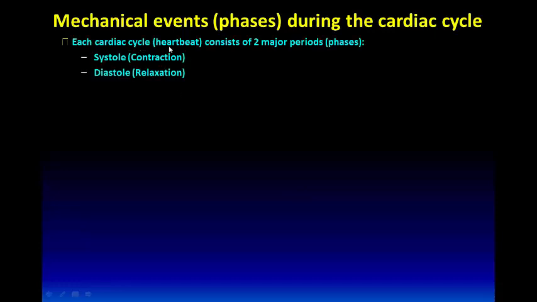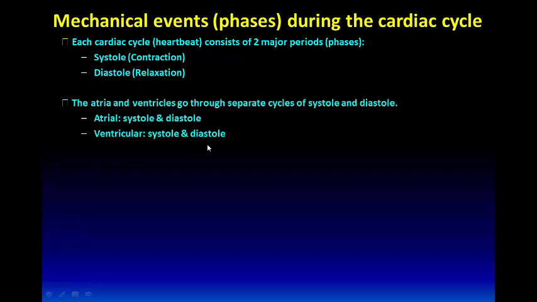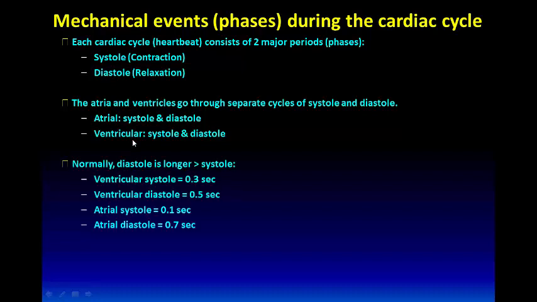Each cardiac cycle or heartbeat consists of 2 major periods or 2 major phases, systole and diastole. The atria and the ventricles go through separate cycles of systole and diastole. So we have atrial systole and atrial diastole, and ventricular systole and ventricular diastole. Normally, diastole is longer than systole.